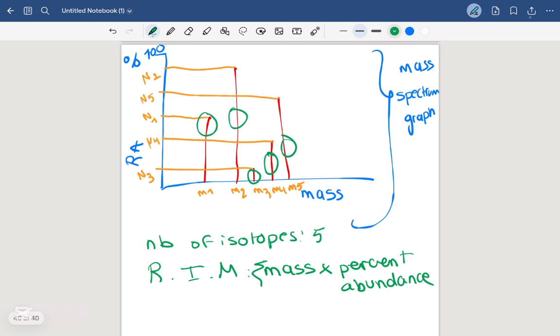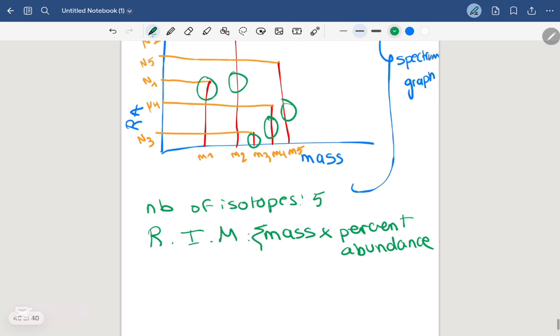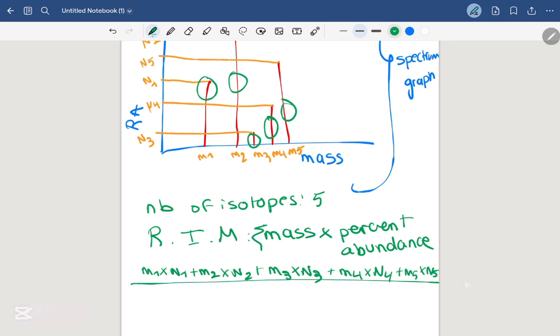So in this scenario, how would we find it? We would do mass 1 times N1 plus mass 2 times N2 plus mass 3 times N3 plus mass 4 times N4 plus mass 5 times N5, and all of this is over 100. Or you can do mass 1 times percent 1 plus mass 2 times percent 2, and so on and so forth.